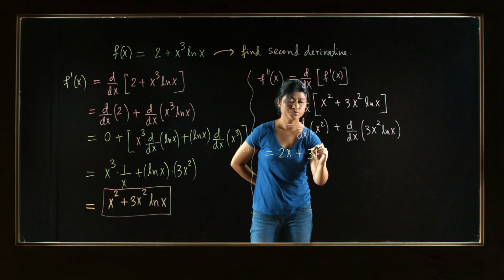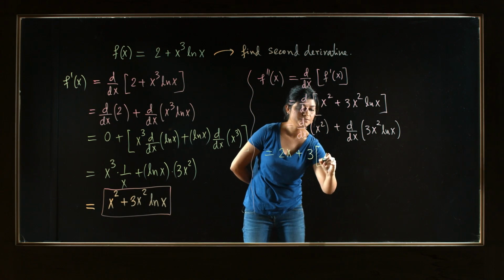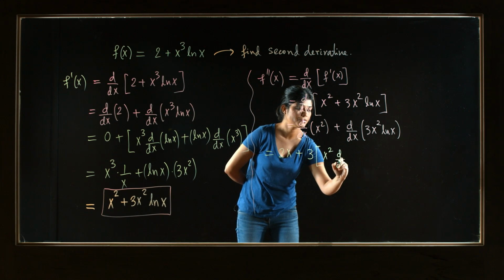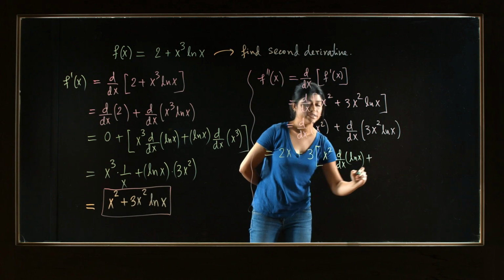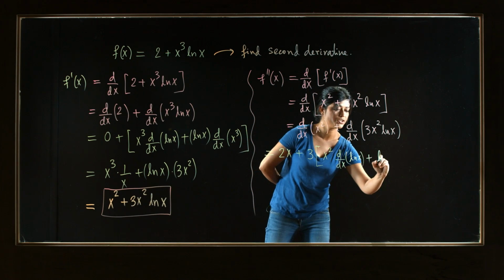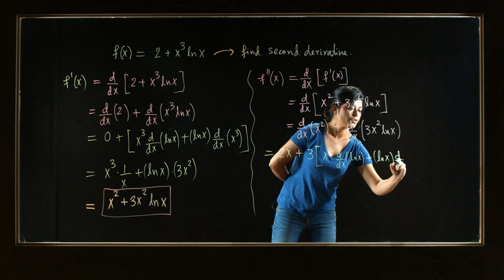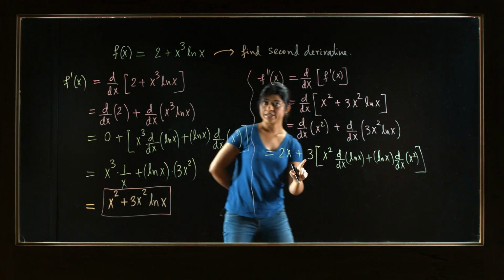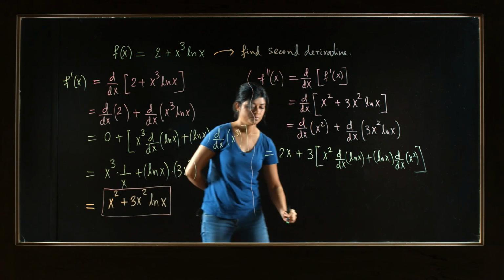So that's what we're going to do. Recall the product rule again. You keep one of the functions as it is, x squared, take the derivative of the second one, and then add, keep the second function as it is, and take the derivative of the first function. Remember, again, 3 has to be multiplied to both terms.